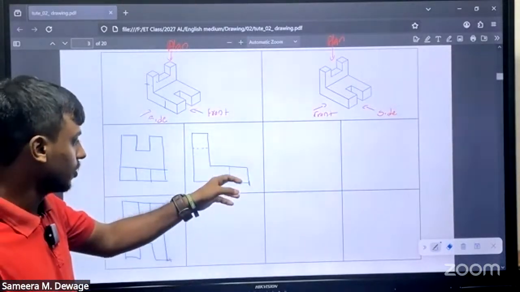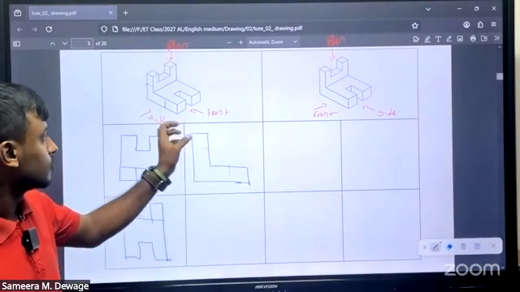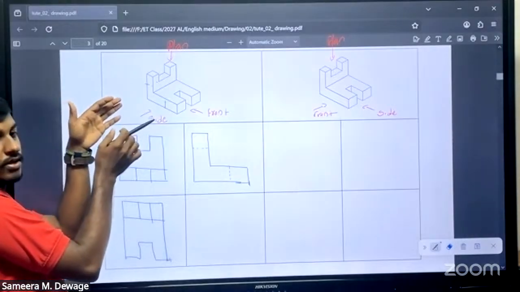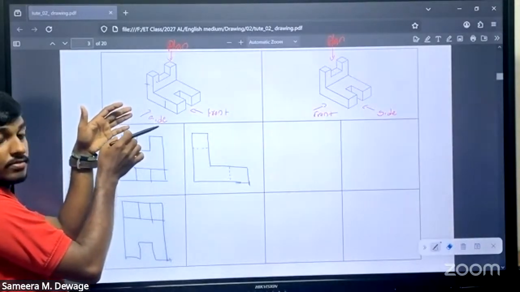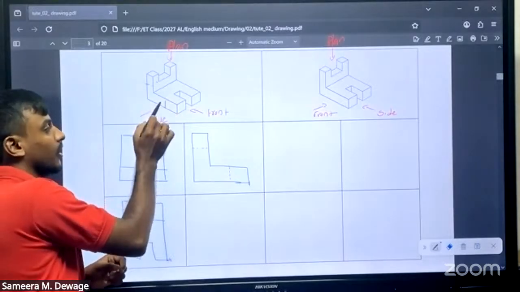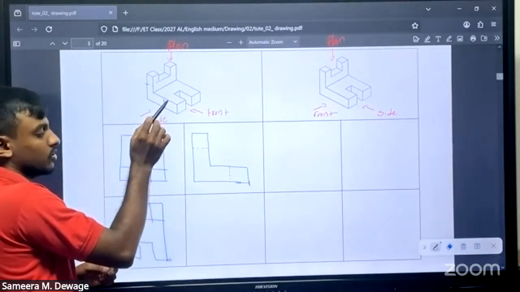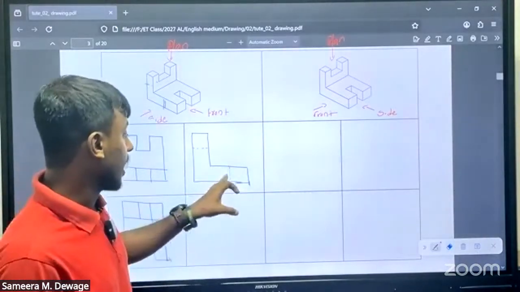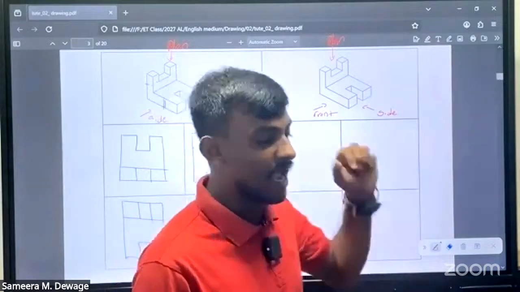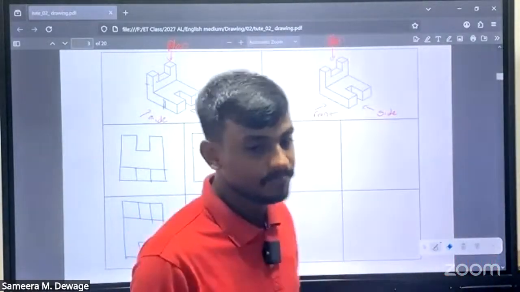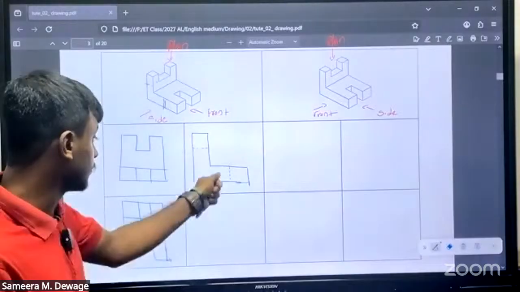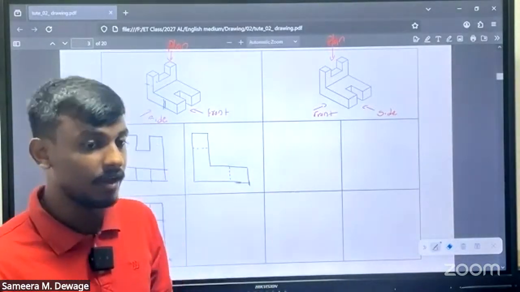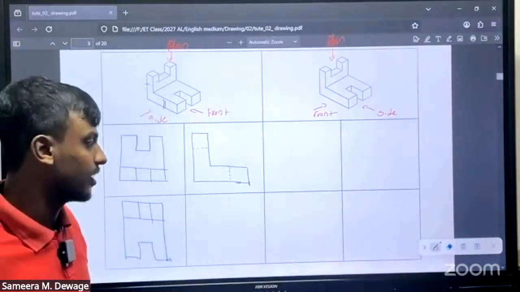Here also there is a dash line. If you look from this side, there is a hidden line, and you need to show that hidden line as a dash line. So this dash line is used to represent hidden lines. To show the hidden lines, we use dash lines.